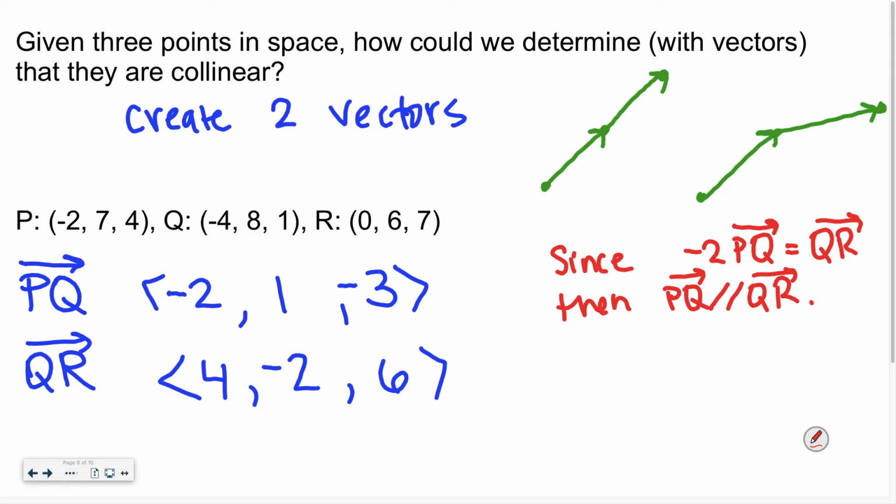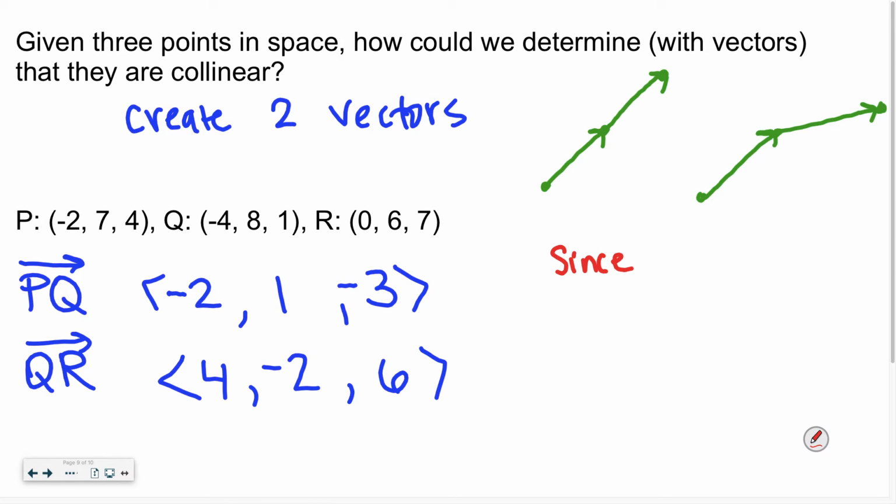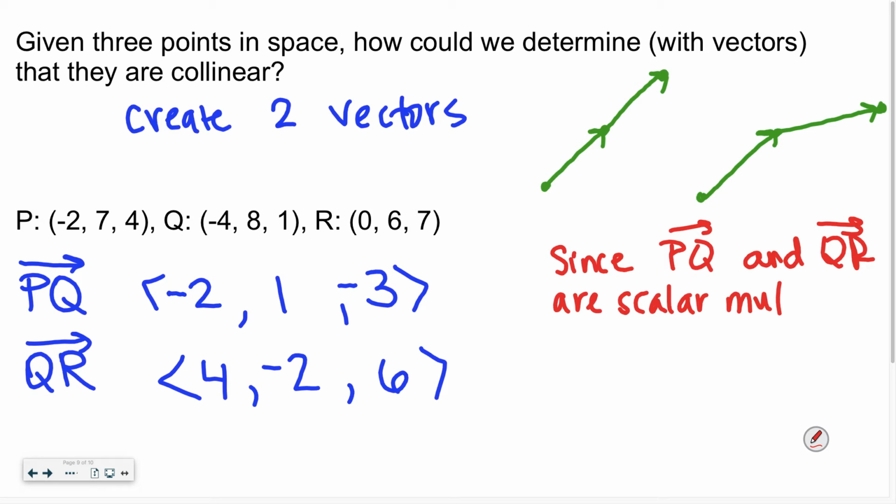I do remember. Well, if you take this vector and multiply it by -2, you get this vector, right? Which means they're scalar multiples of each other. If you'd rather write, I'm just trying to not write as many words, but since PQ and QR are scalar multiples of each other, then we know that PQ is parallel to QR.